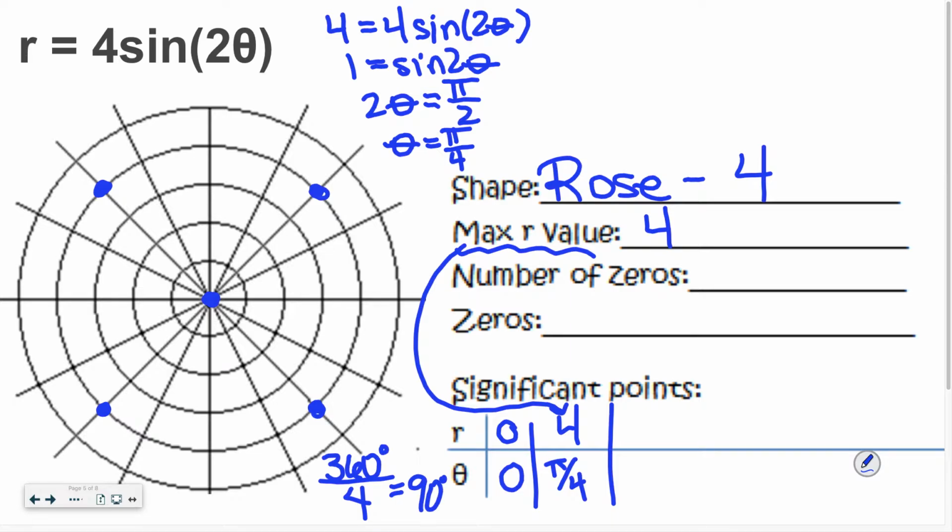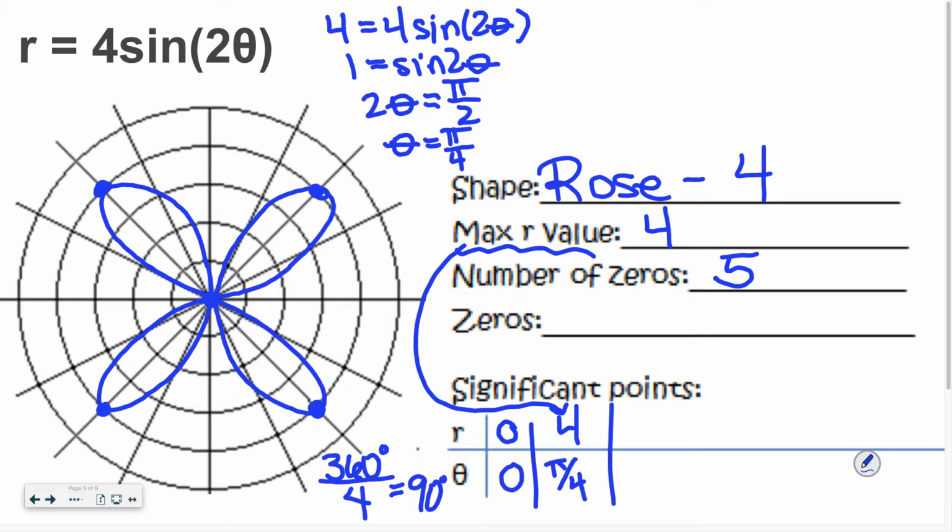Okay, now, eyes up here. Our first coordinate was 0, 0. We need to count the number of times we hit the pole. I got 5. There are 5.